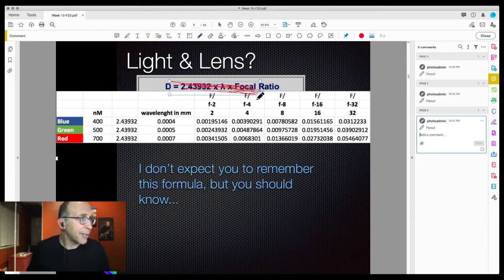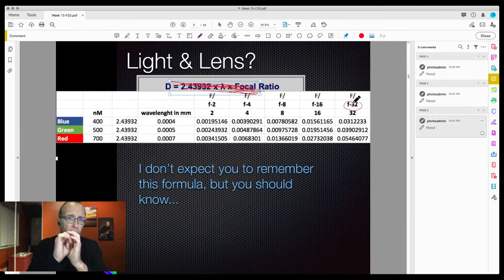It doesn't really matter. It just shows that the airy disk gets bigger as the aperture gets smaller. So f/32 would be a really small hole, and when the hole is small, the airy disk that's produced is actually bigger. So it's causing us more of a problem than with our lens wide open. Good thing to know, though.